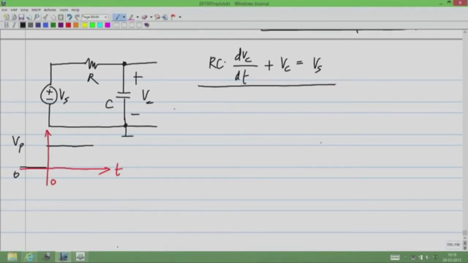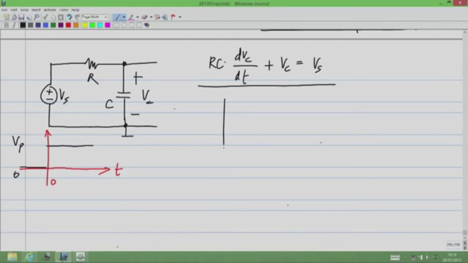Okay. So now first let's forget the differential equation and try to sketch the output based on what we know about resistor, capacitor and the voltage. Okay. I already said that initially the voltage across the capacitor is 0. Okay.